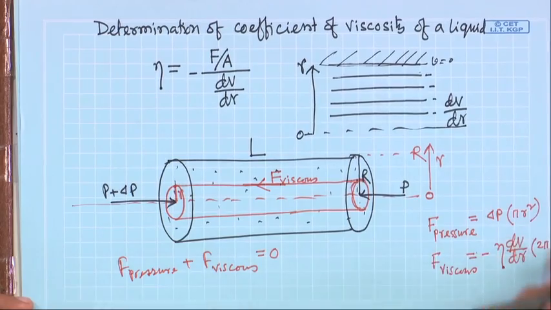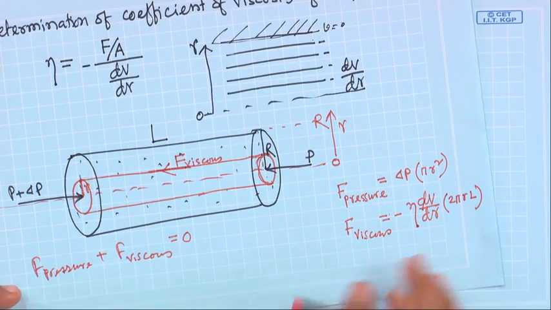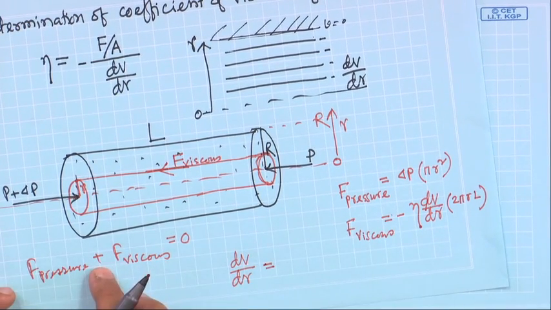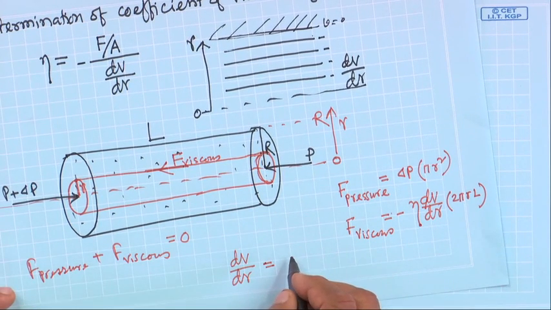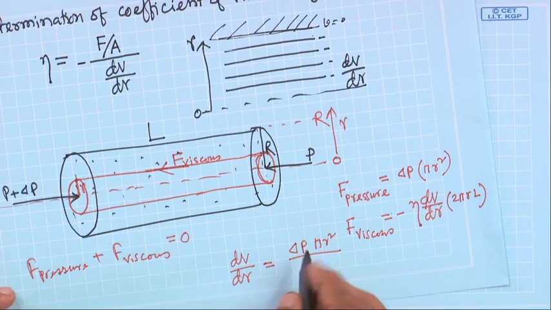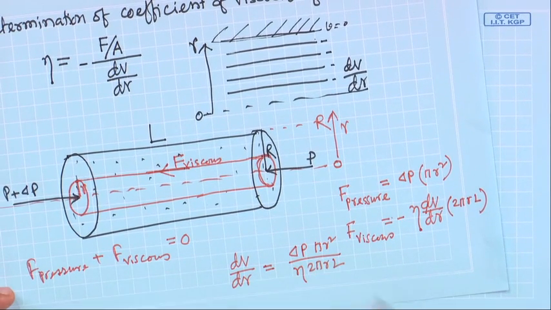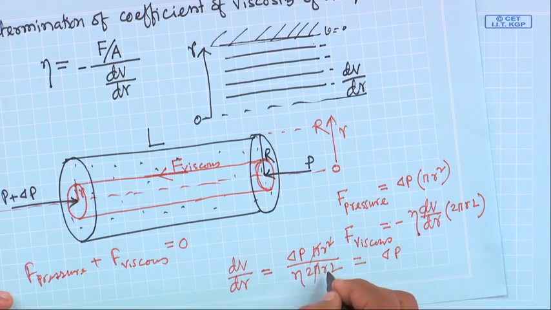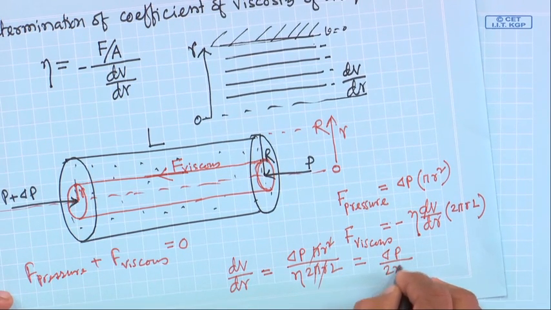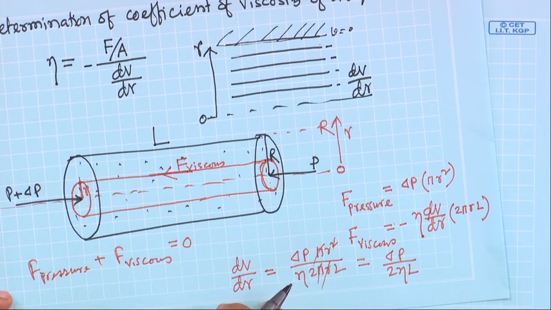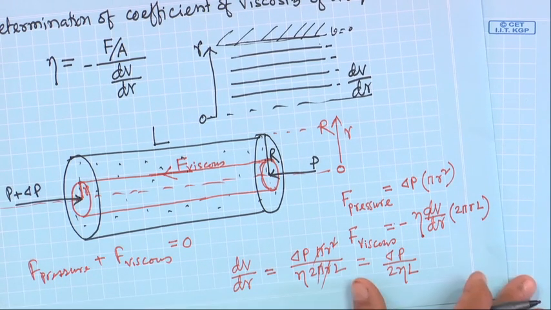If you equate these two, the minus sign goes to the other side, and you can write dV by dr equal to delta P pi r square divided by eta 2 pi r L. Pi will go, one r will go, so dV by dr equal to delta P r by 2 eta L.